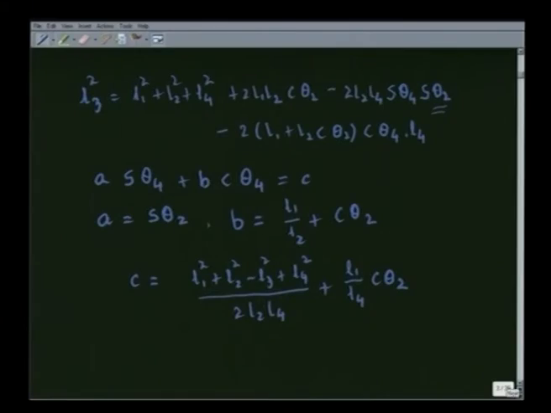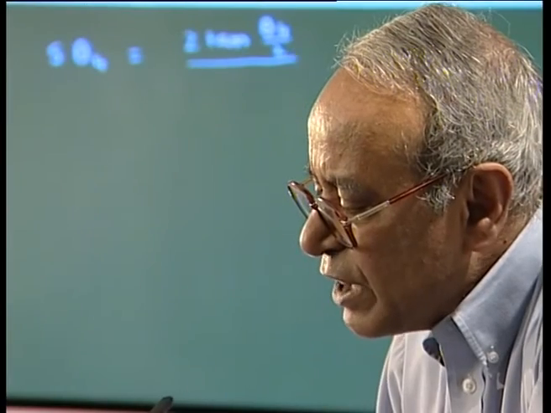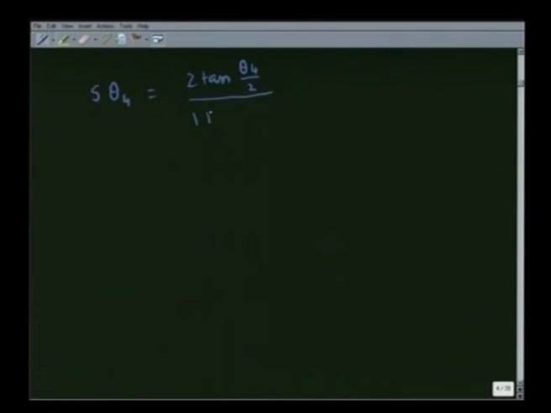That means we write sin theta 4 as twice tan of theta 4 by 2 divided by 1 plus tan squared theta 4 by 2, and cosine theta 4 we write as 1 minus tan squared theta 4 by 2 divided by 1 plus tan squared theta 4 by 2.